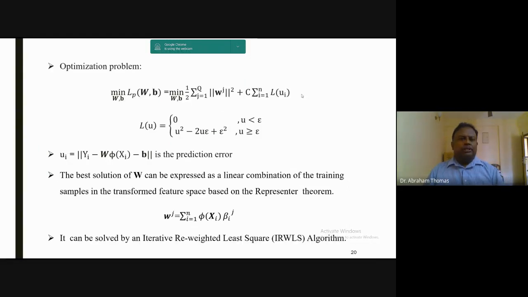So the optimization problem is formulated as given here.